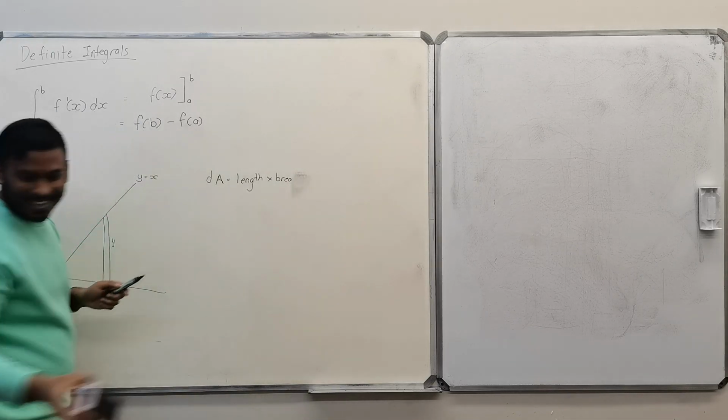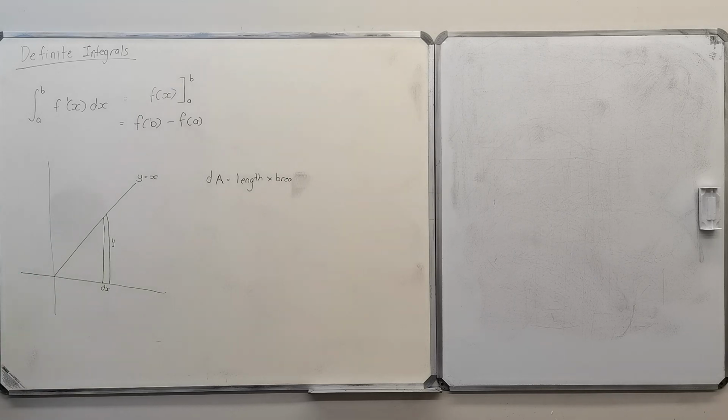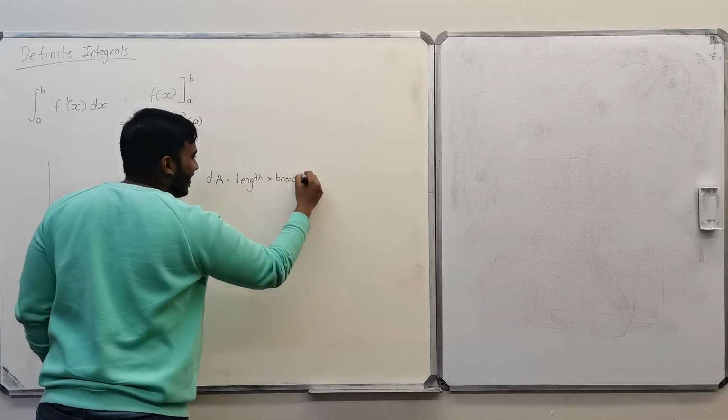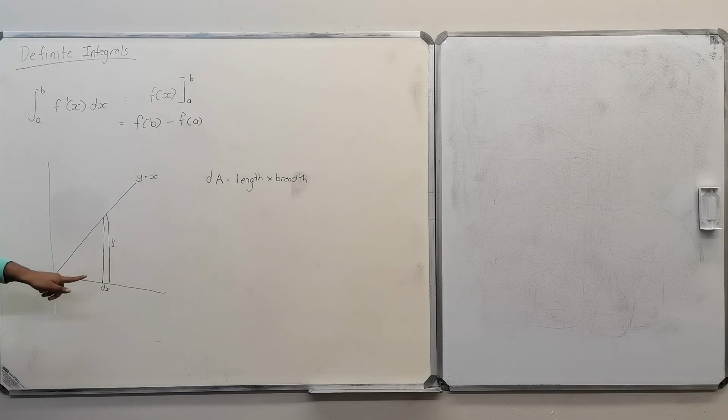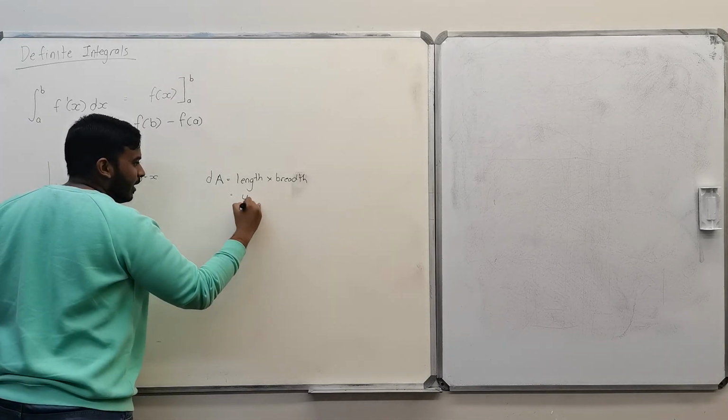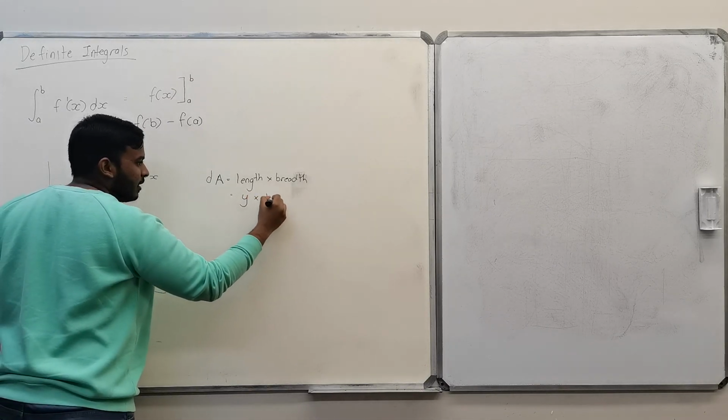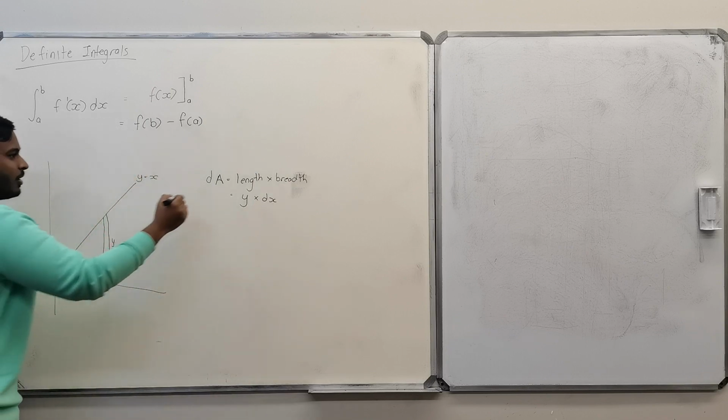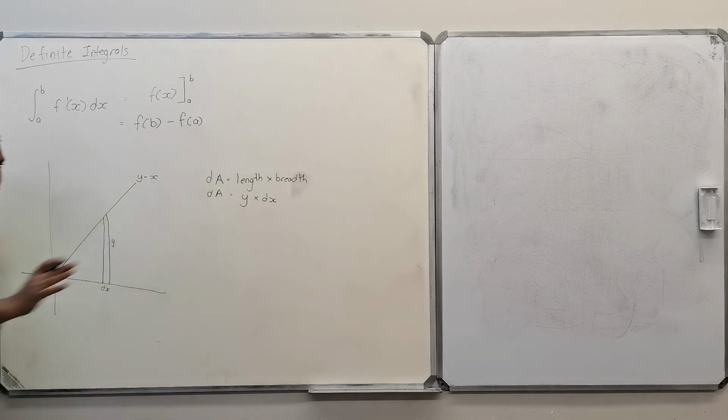Because it's a rectangle, the area is going to be the length times the breadth. So your length is y and your breadth is dx. So far, all right?